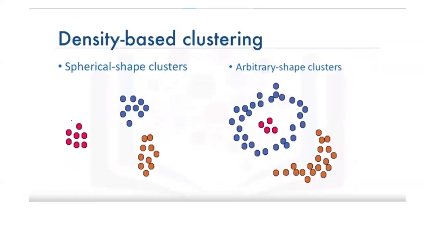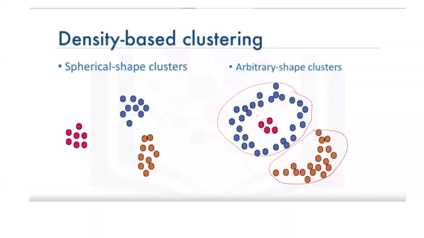Now let's understand. Here, if you see, these are like spherical clusters, which can be grouped in the form of spheres. But here, if you run a k-means algorithm on this, it will group all these points into one single cluster, in the form of a sphere. But if you look at the density of these observations, it looks like this outer boundary forms one single cluster, and these 4 points inside could be another cluster.